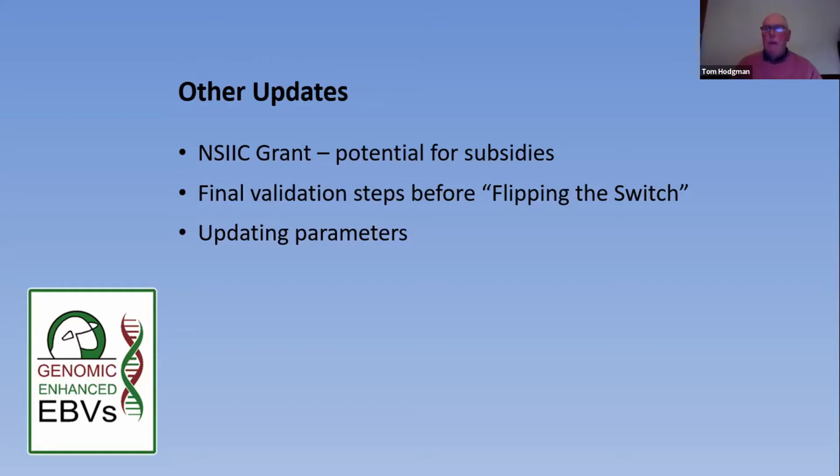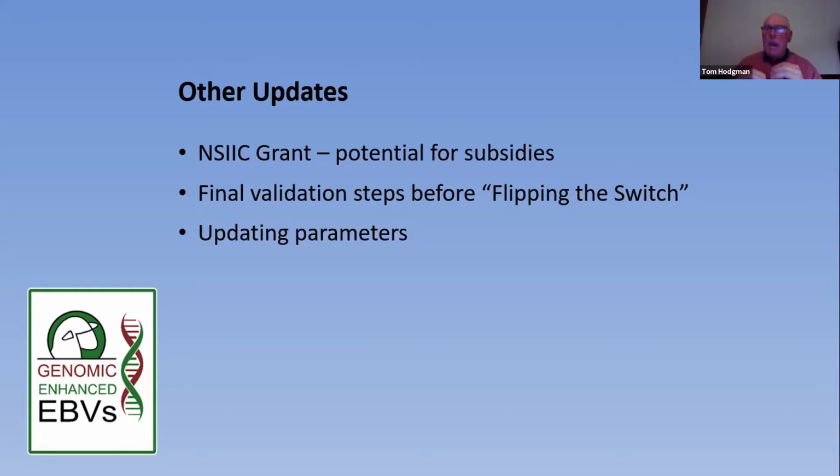So I guess the upshot of the whole thing is once you get your genomic enhanced breeding values back, it's not just going to reflect the change to genomic evaluation. It's also going to include the effects of updating the parameters. So there's going to be a slight increase or decrease in the genomic enhanced estimated breeding value.